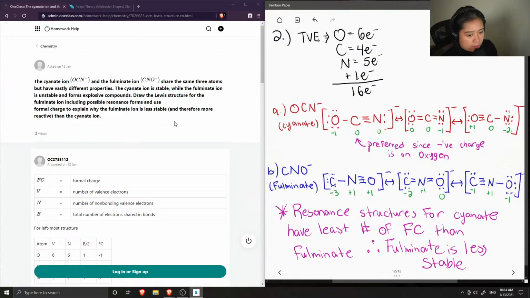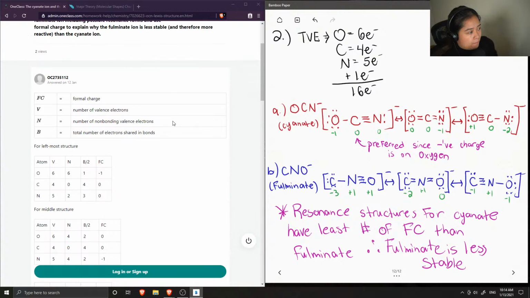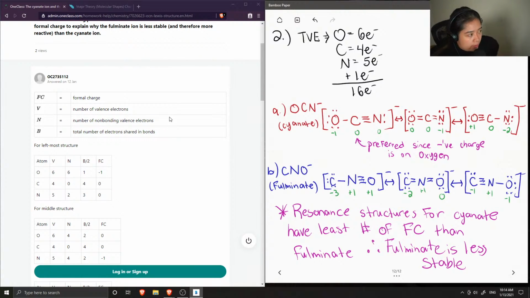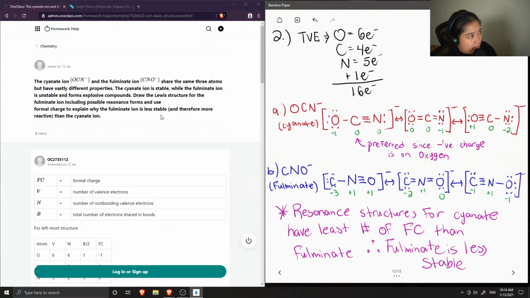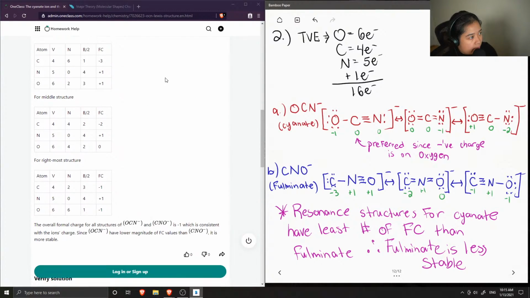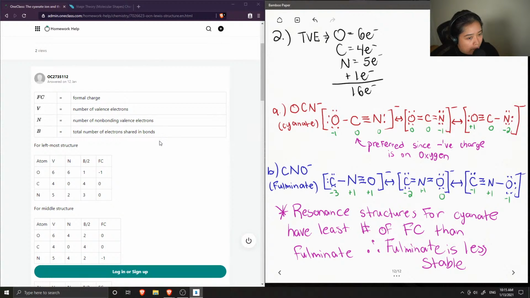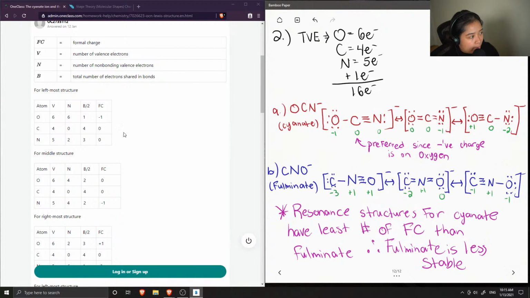Okay, so now let's see what the junior tutor said. Okay, so they just denoted what all of their terms mean. And they calculated formal charge. It looks like the structure should be here, but they're not. But let me just look at their formal charges.